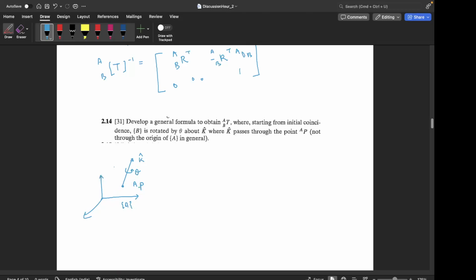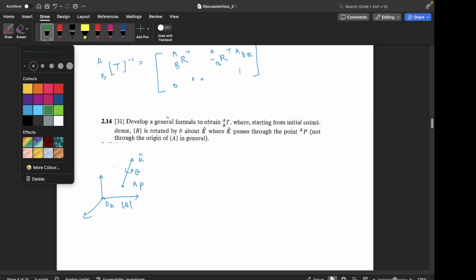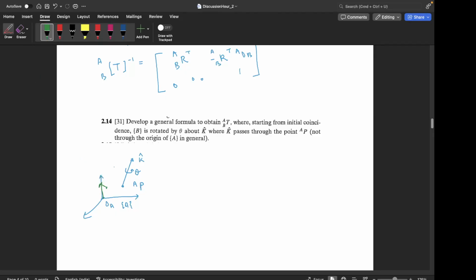And this point P is not on the origin of frame A, it's not OA, right? And this frame B to begin with is coincident with frame A, right? So this is frame B and this is OB.